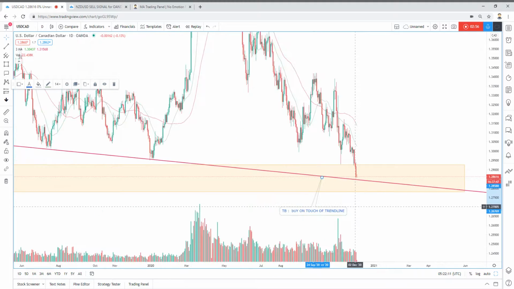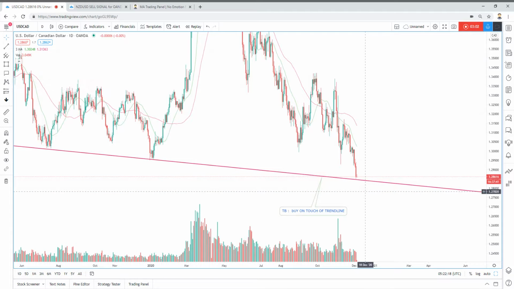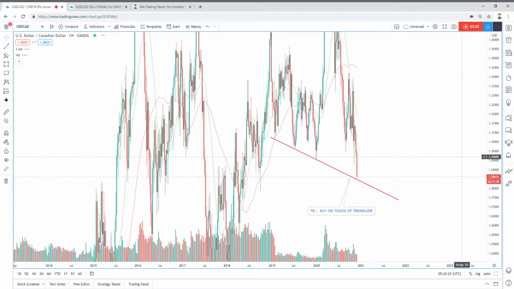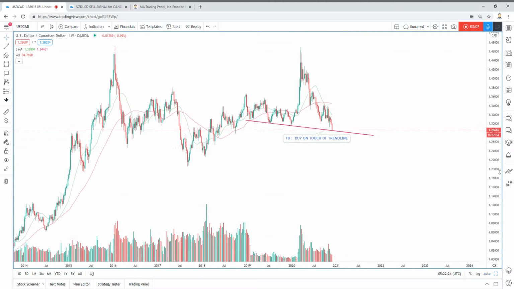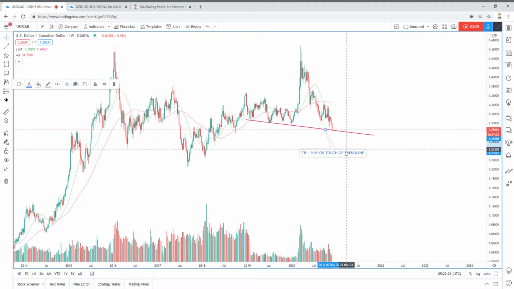And for the stop loss, I will remove this rectangle here, and go again on the weekly chart to get the exact level.